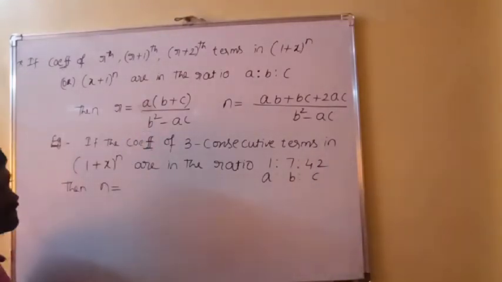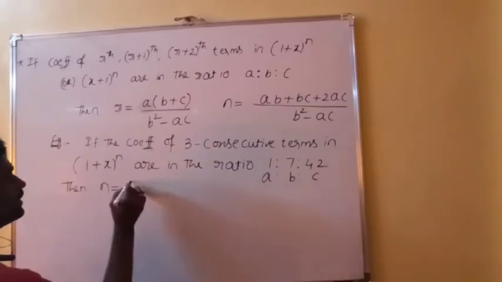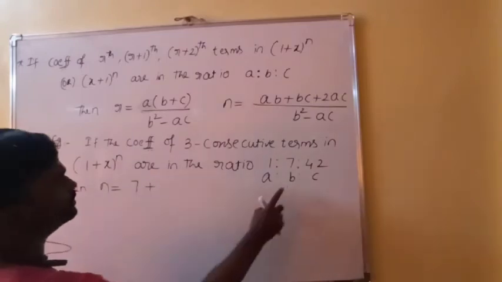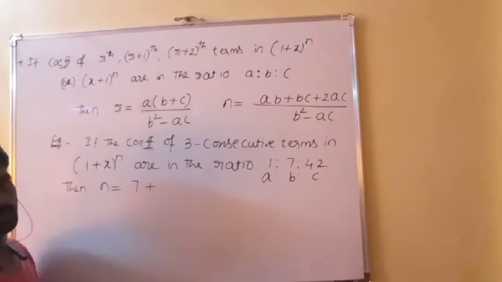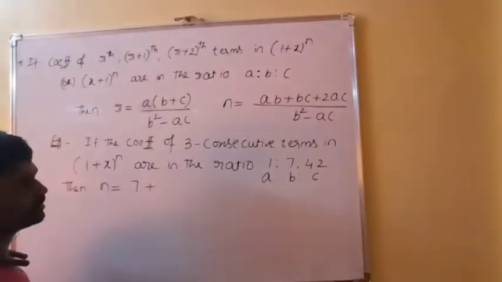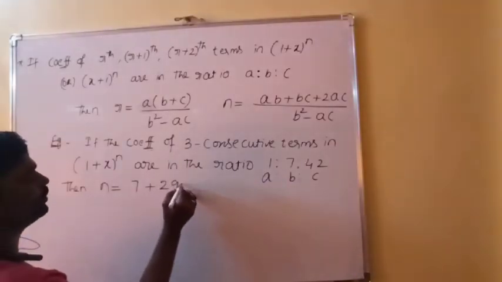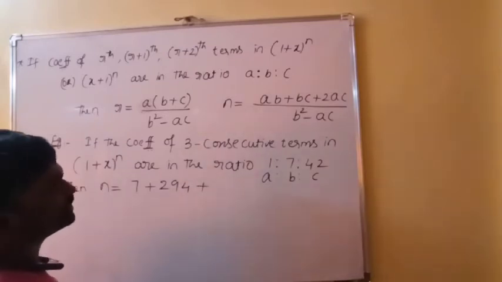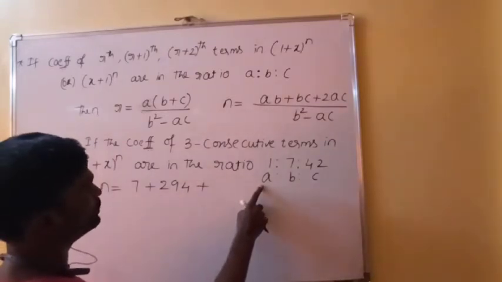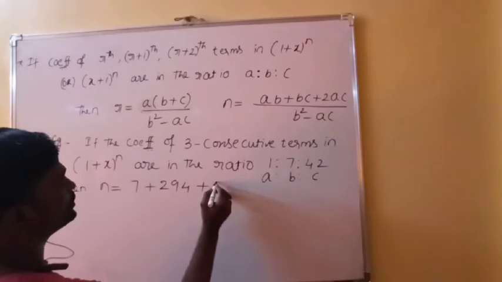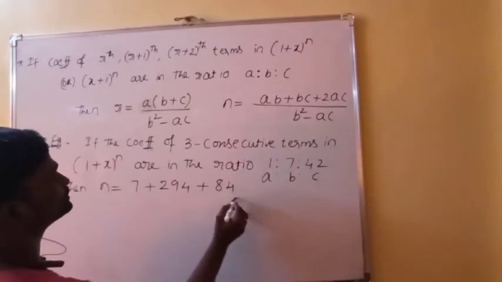Shortcut formula: AB, that is 1 into 7, 7, plus BC, 7 into 42, how much will you get? 294. Plus 2AC, 2 into A, 2 into C, 2 into 42, 84.